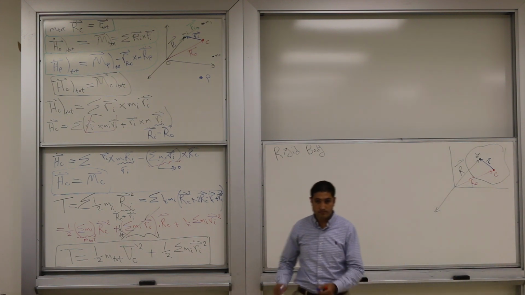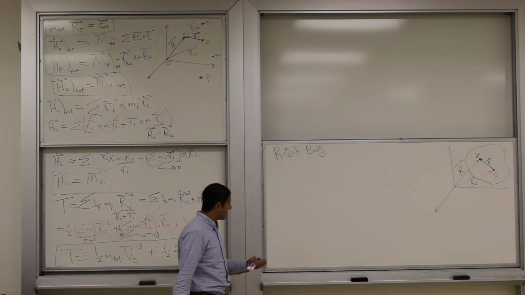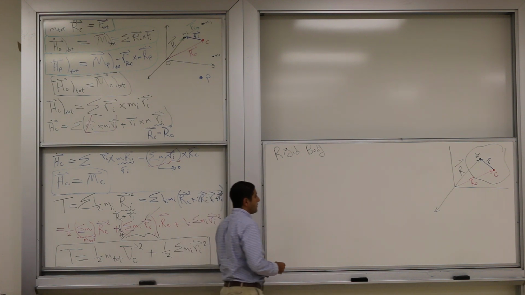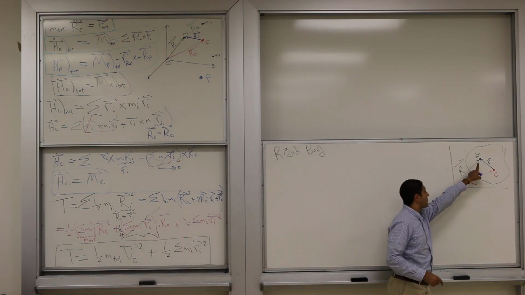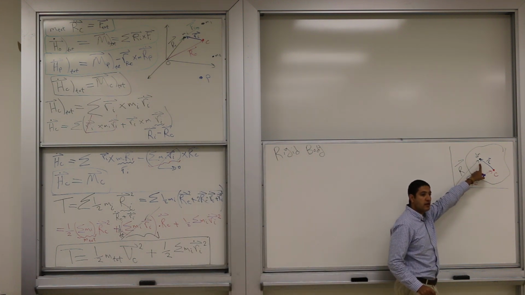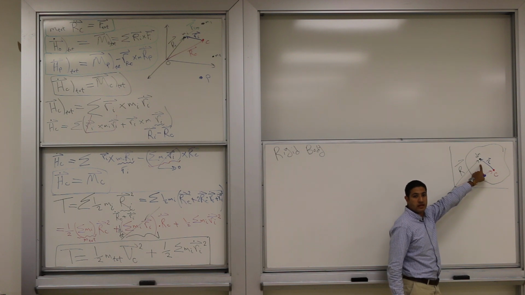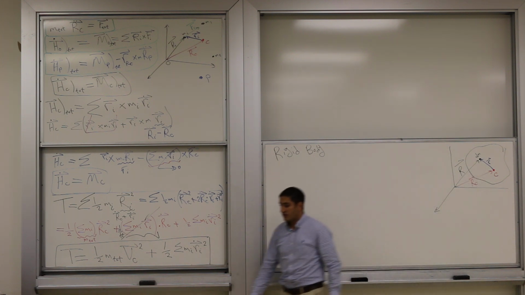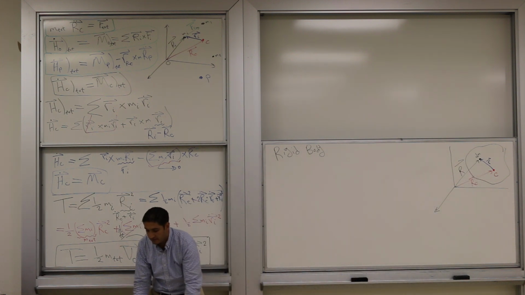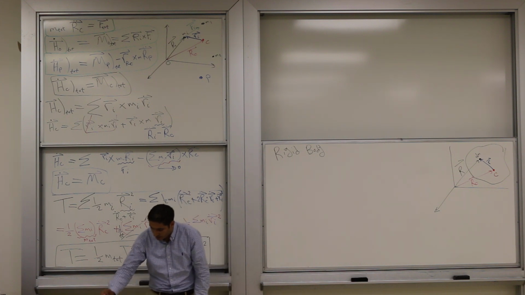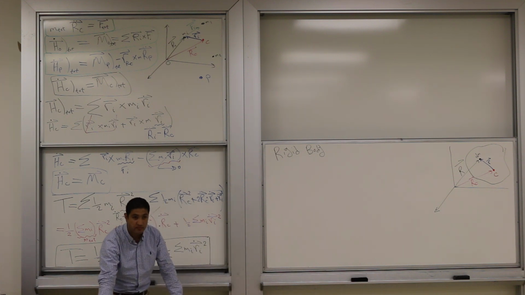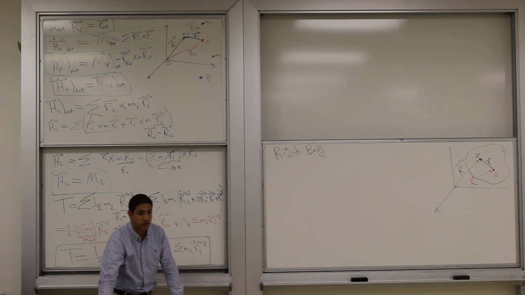So this little r is the distance between, let's say, 2 points on the body, in the body axis, because this is rigidly connected. So the distance between this point and that point, say 1 meter, will remain 1 meter during the excursion of the motion. It will not change, will not deform.